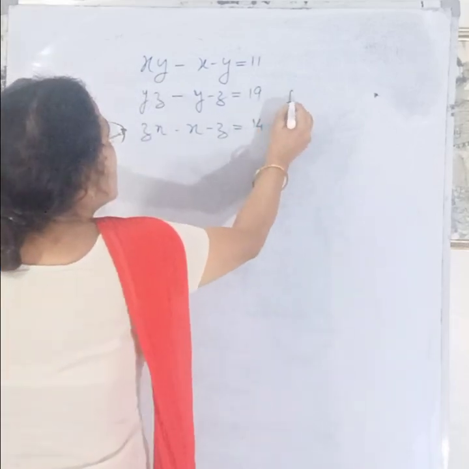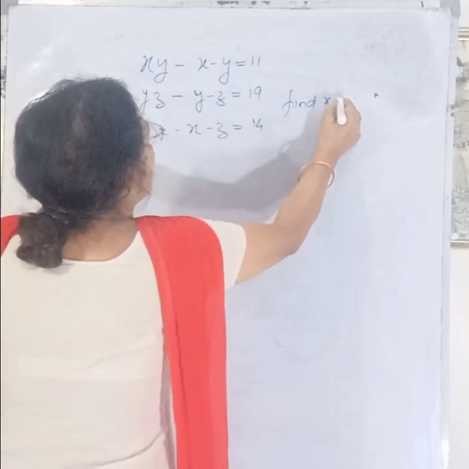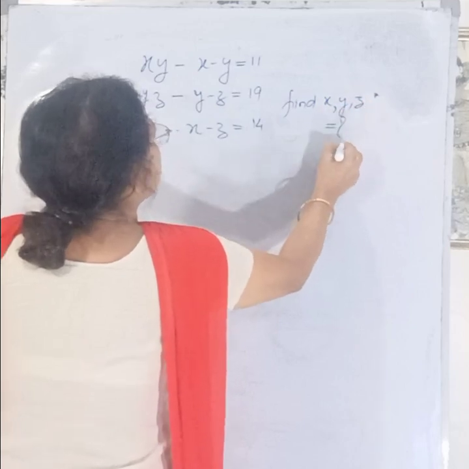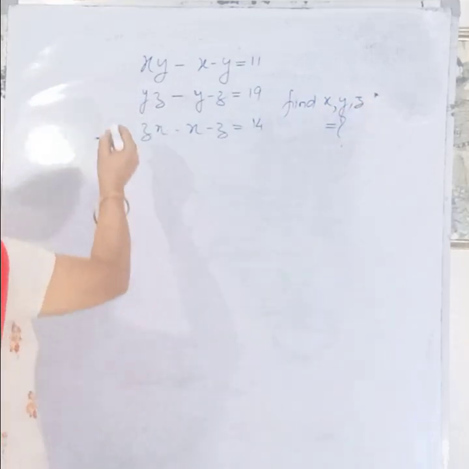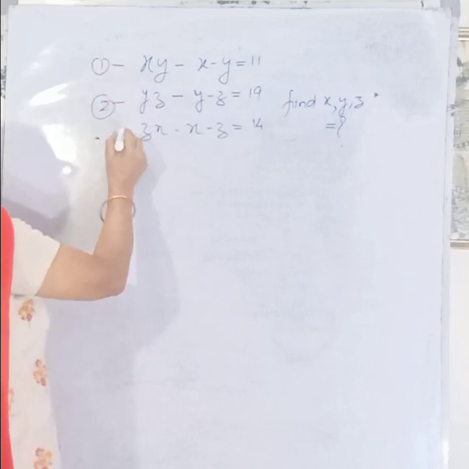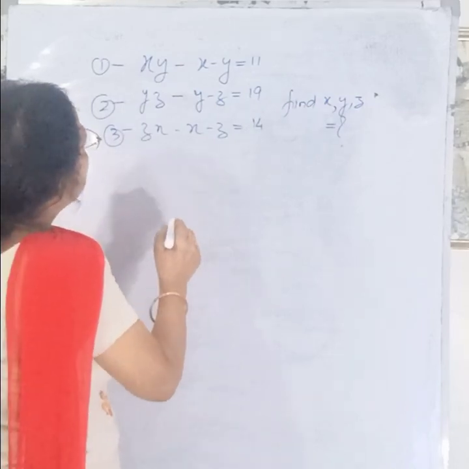Find x, y and z. This is the question. Let us suppose this is equation number 1, this is 2 and this is 3. Now we are going to solve this.